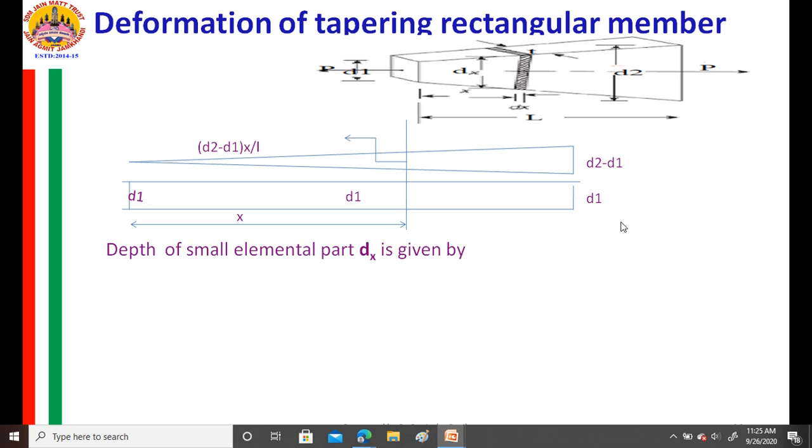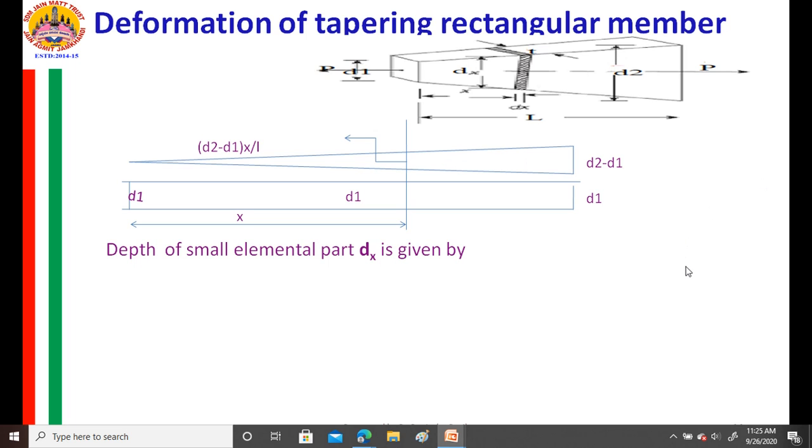How to calculate it? I can take this particular elevation as a combination of these two figures. One is the rectangle, and half triangle at the top and half triangle at the bottom. Both, if I club, I will get a triangle like this. This plus this is equal to this figure.